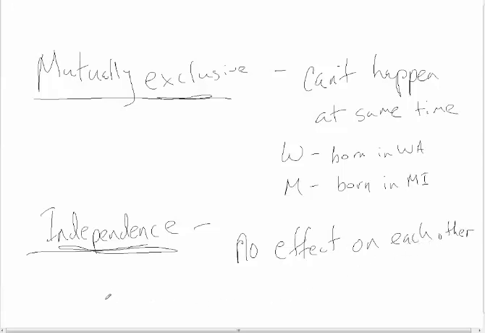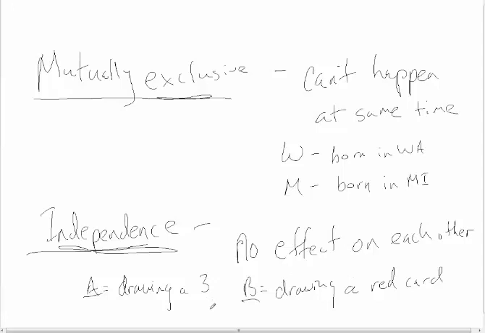So in the example of cards, drawing a 3, that's one event. Another event is drawing a red card. These two events are independent, which means my chances of getting a 3 aren't any different if I draw a red card than if I draw a black card.